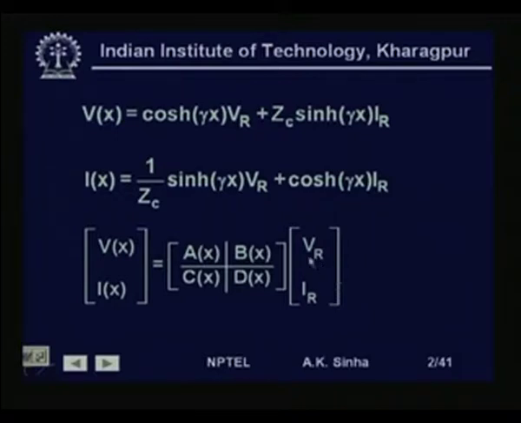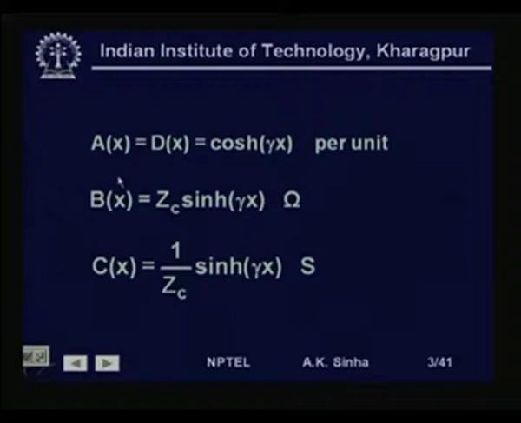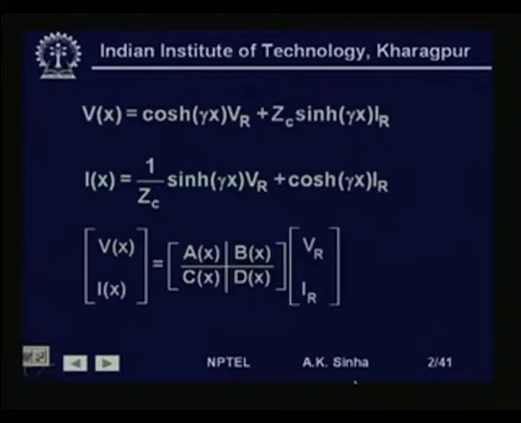This form gives the relationship in terms of voltage and current at any distance x from the receiving end. Here A x is equal to D x and that is equal to cosh gamma x in per unit. This is your A x, this is B x, this is C x and this is D x.